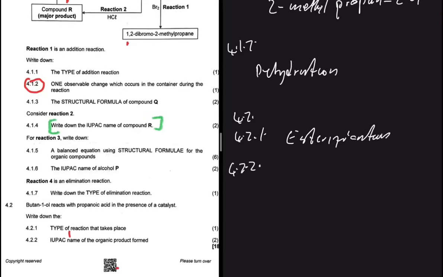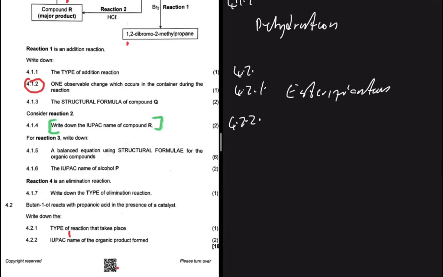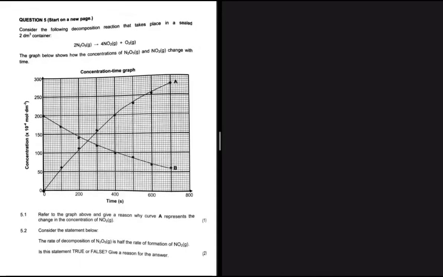So the first part of the name will come from the alcohol, and the second part will come from the acid, right? So because you have butan-1-ol, it will be butyl, and because you have propanoic acid, it will be propanoate. I only realized this not too long ago.